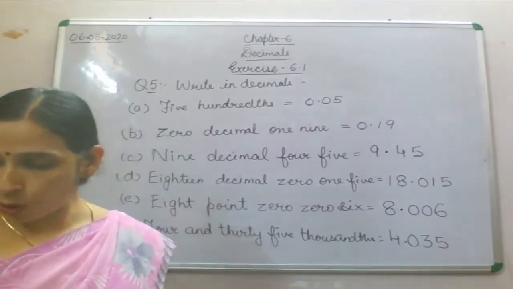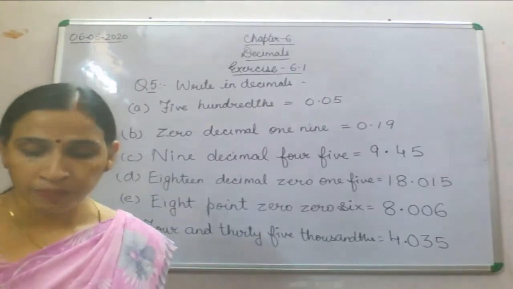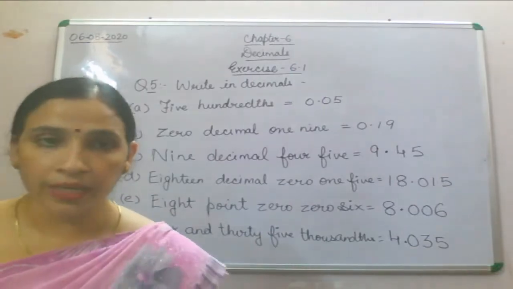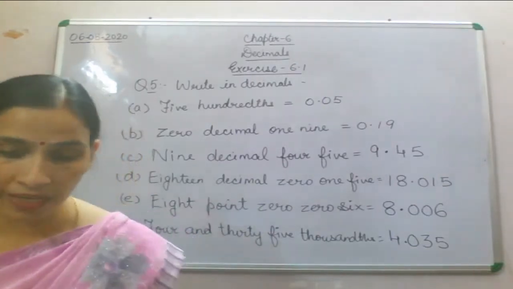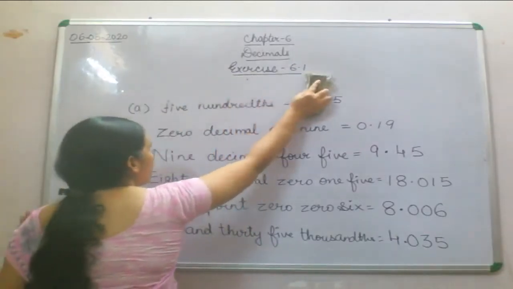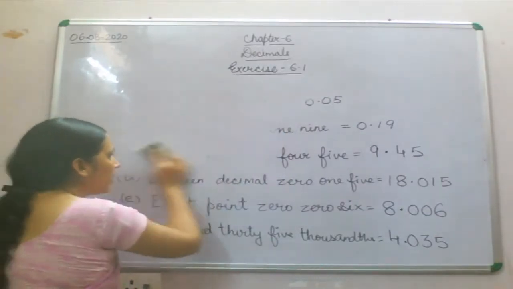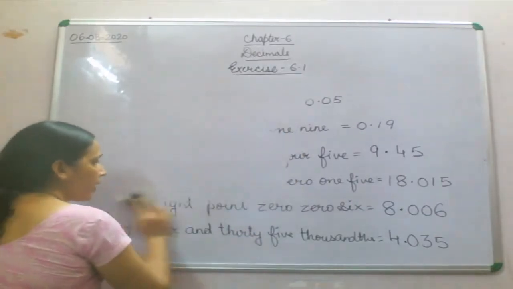Fine. So now question number 6 we are going to start. Let's find out what we have to do in question number 6. As we did in the beginning, you can represent a decimal number using an abacus.